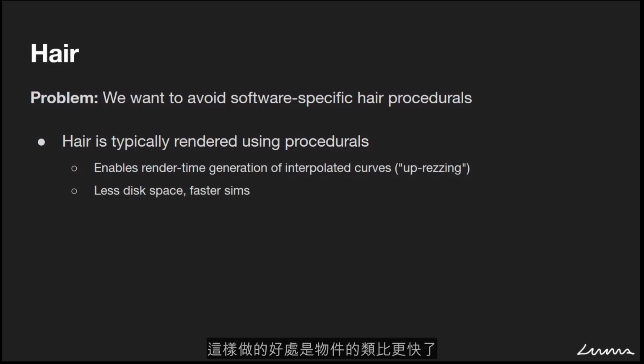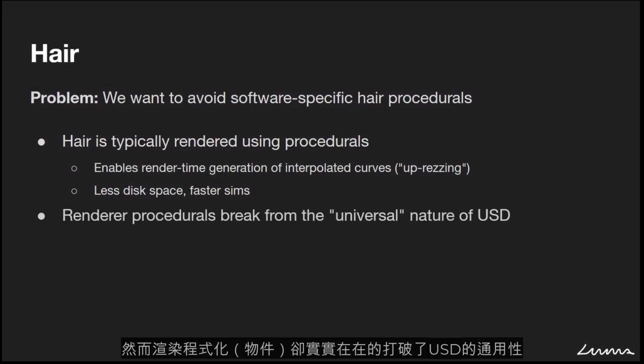The advantages of this are that you can simulate things faster because you don't necessarily have to have a full res groom, and you will use less disk space when you cache the hair sims out. Also, render procedurals really break the universal nature of USD.